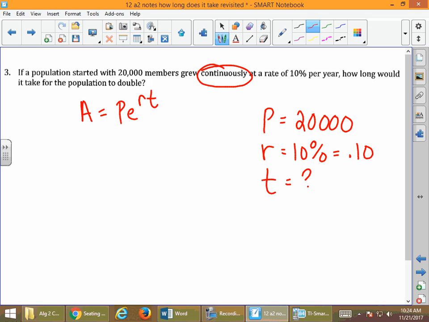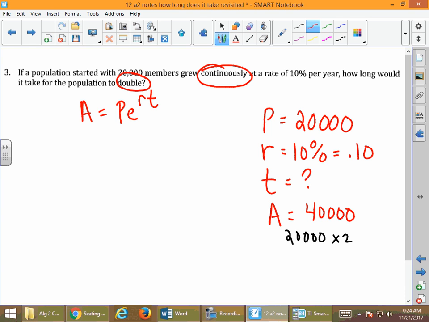We're trying to find time for the population to double. Again, another important word. It doesn't come right out and say it, but if the population's going to double, what's our value of A? 40,000. We take 20,000 times 2, there's the double, to get to 40,000.